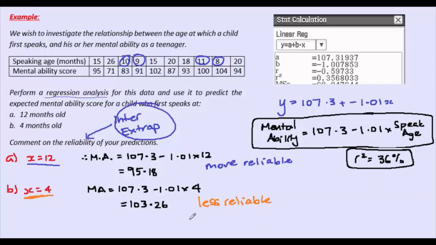This is extrapolation. Because we can never compare extrapolated predictions to data we already have, we just don't know how good it is. It might be perfect, but it's not reliable. That's why, when we comment on the reliability of our predictions, interpolating is far more reliable than extrapolating.